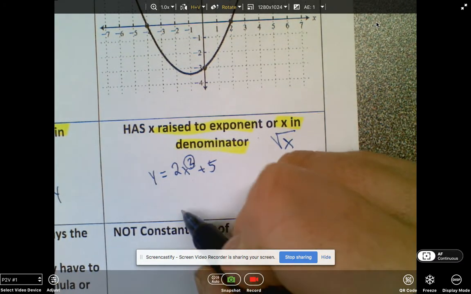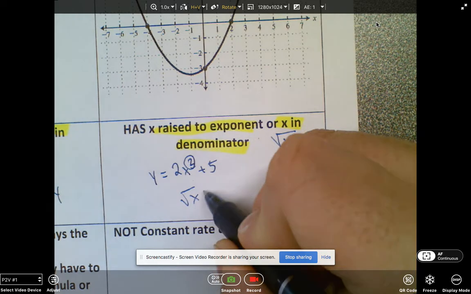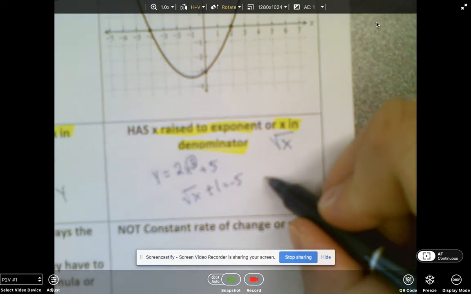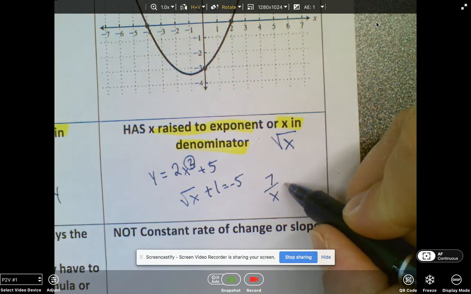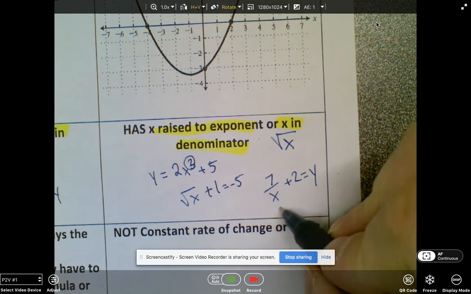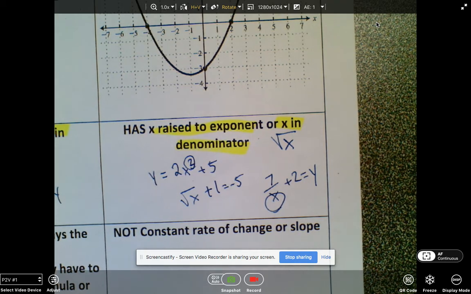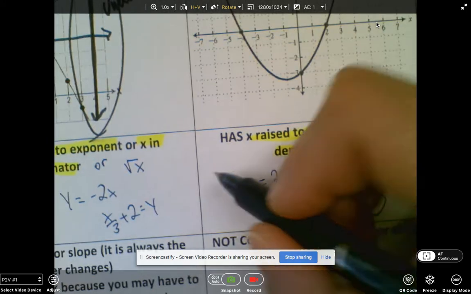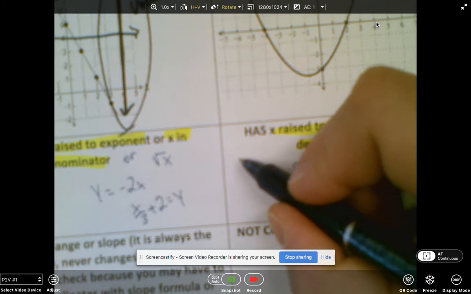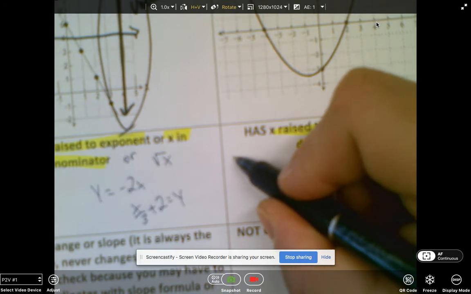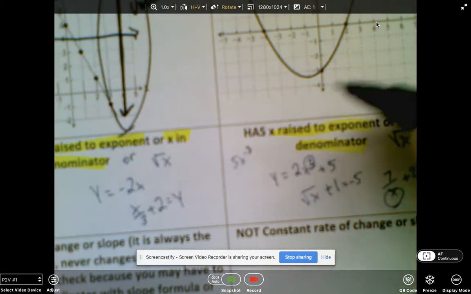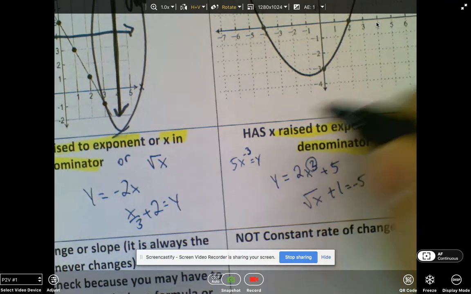You could have square root of x plus 1 equals negative 5. That's not linear. You could have 7 over x plus 2 equals y. That's not linear because of this. You can't have it raised to a negative exponent either, because that actually drops it down. We'll learn that in a different lesson. So say you had 5x to the negative 3rd equals y. That's not linear.